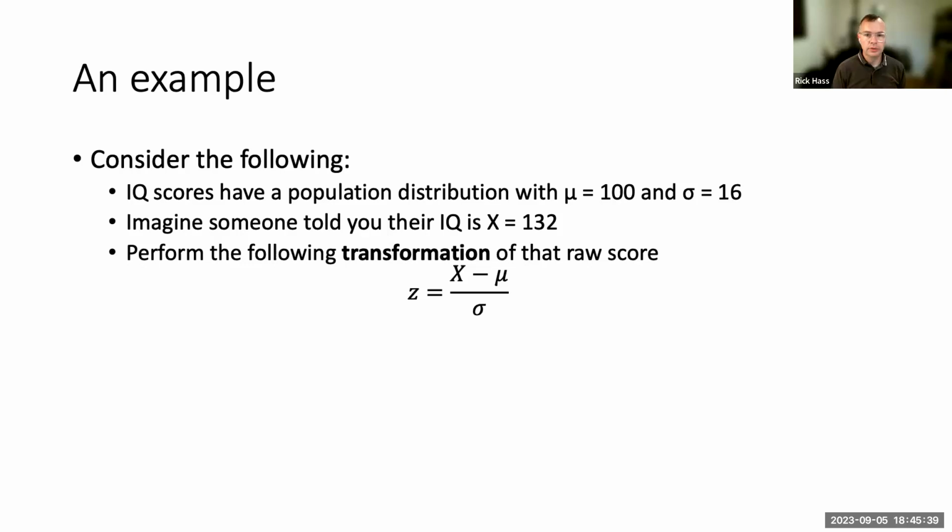First thing I want you to do, and I want everybody to try this, you can do this in your head or just with a piece of paper. If your score is 132 on an IQ test with this mean and variance, what happens when you transform to Z? What is Z equal to? What's your Z score? Michael's got it, but everybody else think about it for a minute.